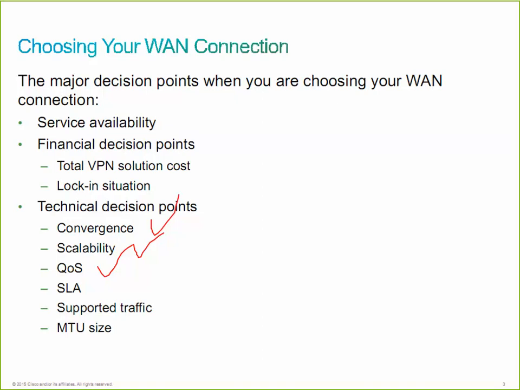Inside of the MPLS header, there is a 3-bit field called the experimental field, EXP field, and that field is specifically designed to allow for marking of MPLS frames, packets, that allows us to prioritize those packets through the service provider network.